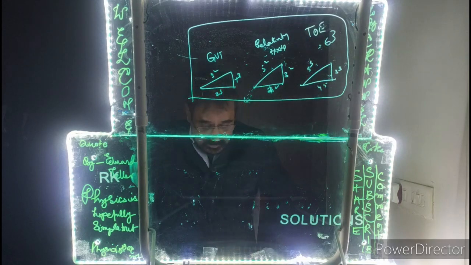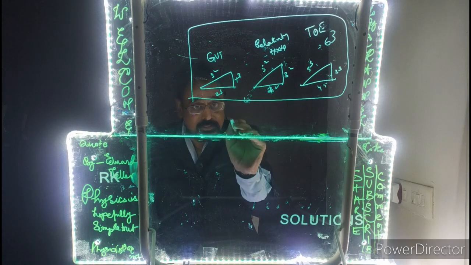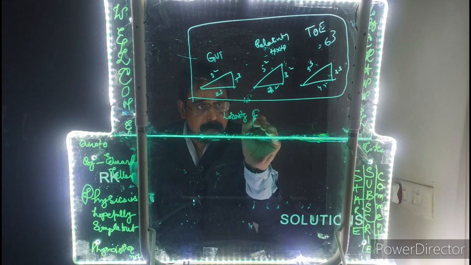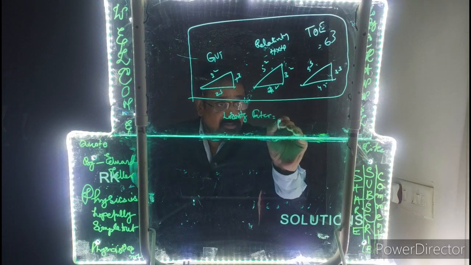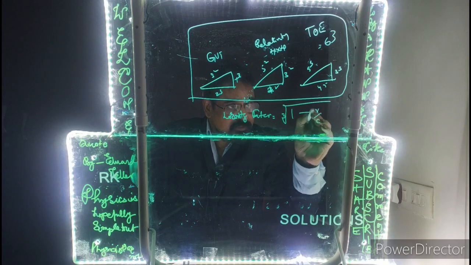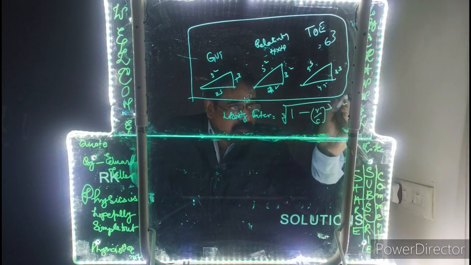So my conviction, strong conviction, and of course the Lorentz factor will now be cube root of 1 minus v by c whole cube. Here we had square.